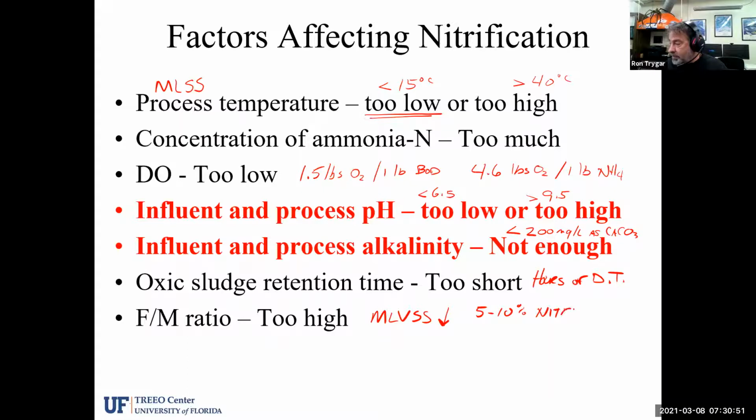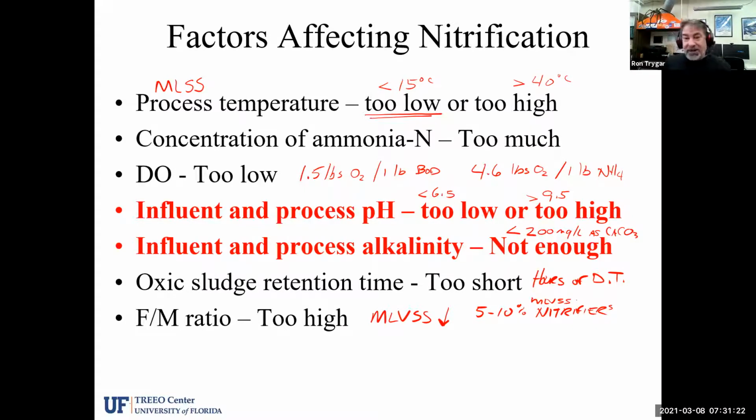So if only 5 to 10% of the MLVSS are nitrifiers, then we have a limited amount of these workers to do the job for us.